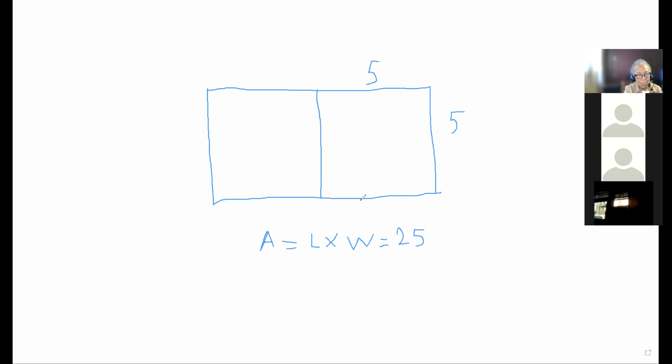You got it? So picture in your mind, you got a rectangle cut in equal pieces, and each piece is a square. So that means all your sides are equal. So you have that picture in your mind, right? Okay, now let's go back to our new share.